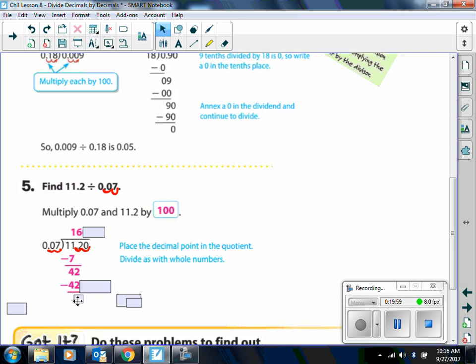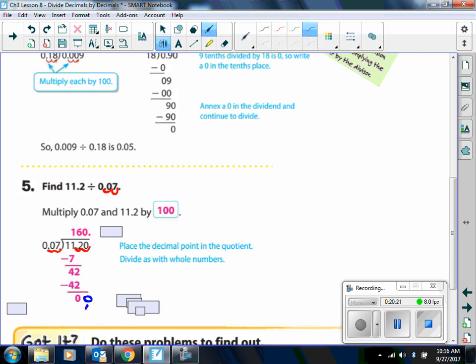And then here, once we subtract, then, like I said, I don't like the way the book is doing this. Now we're going to bring down this other 0, right? How many times does 7 go into 0? 0. That's why we have that other 0 there. Now 0 times 7 is 0, and now we have no remainder.